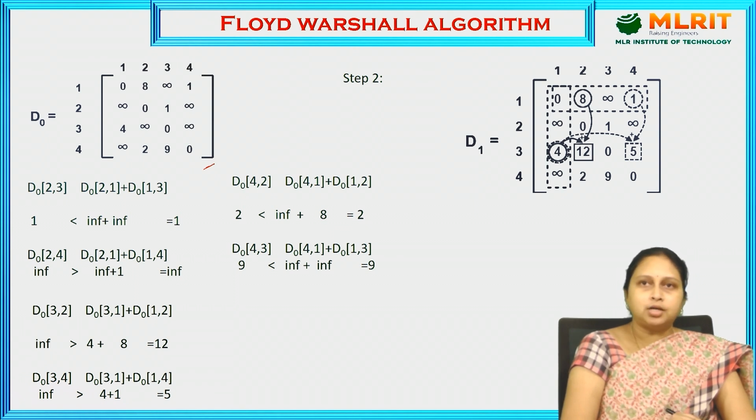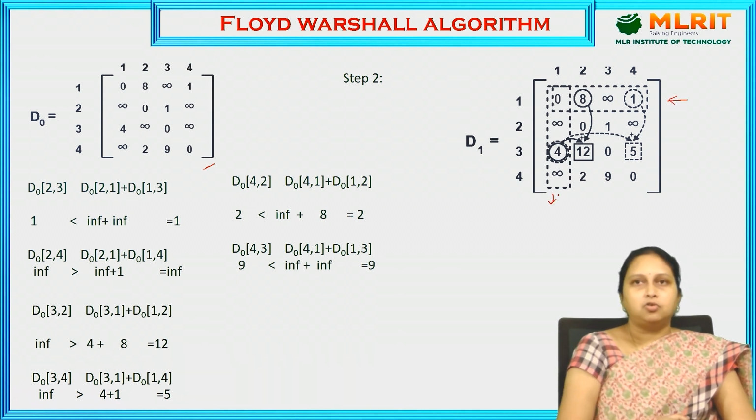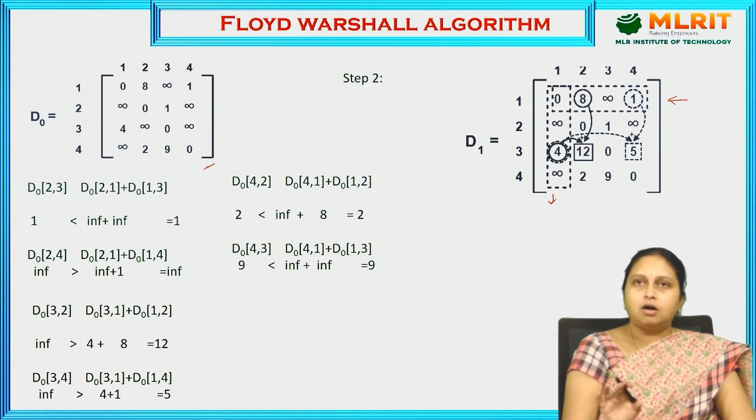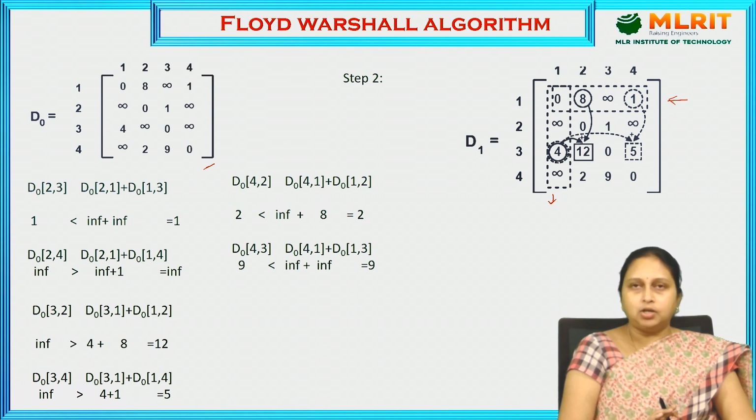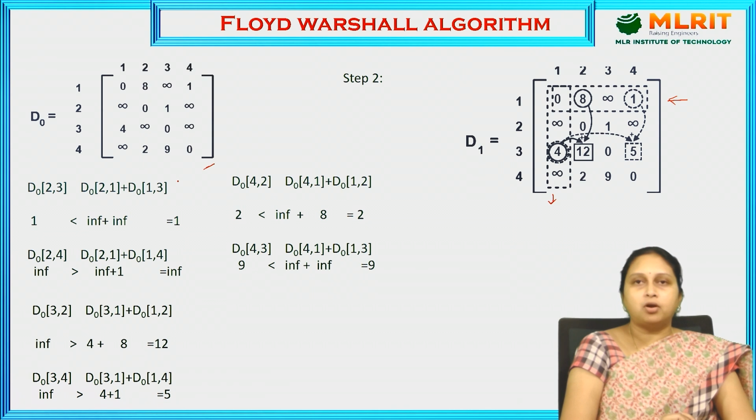Now, to construct D1, we consider the first row and first column, and we are not going to evaluate those row and column values. The remaining values we need to find out. From D0, we get the values for D1.